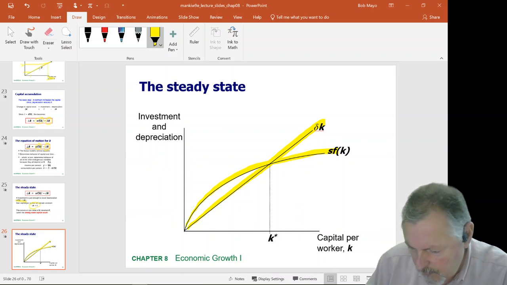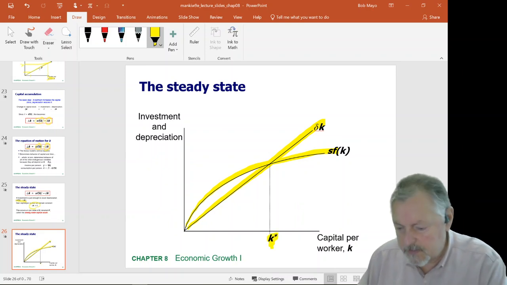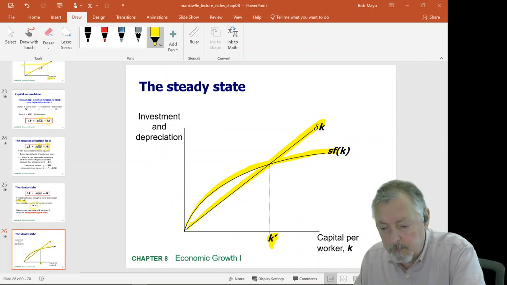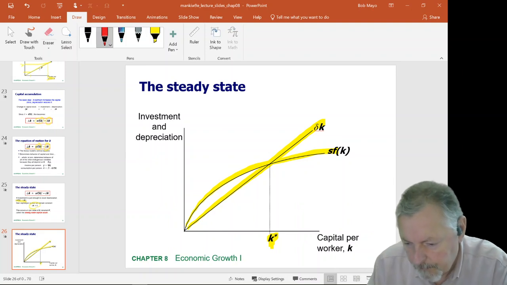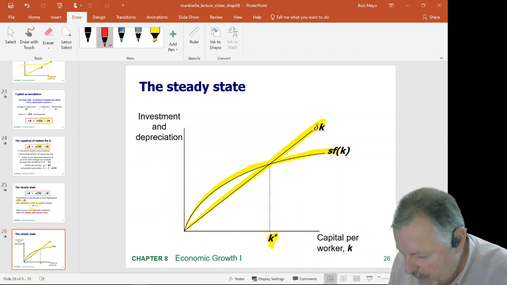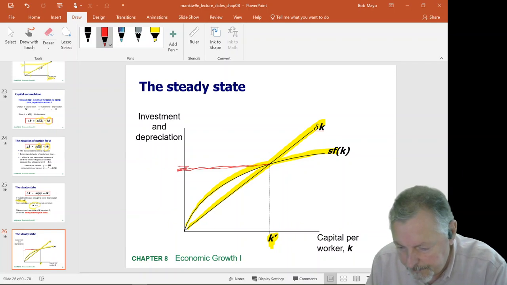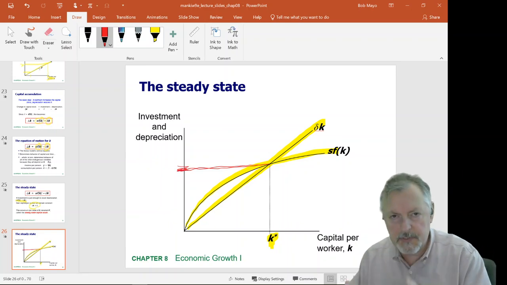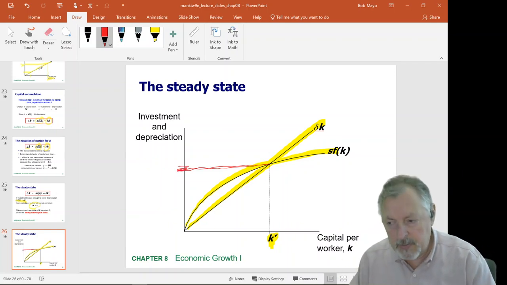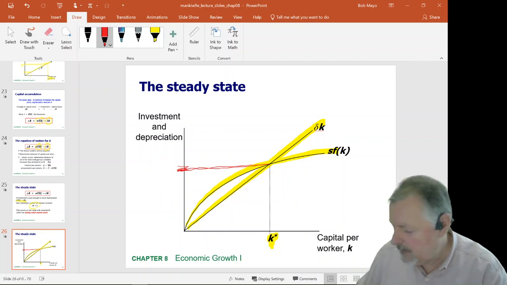So, if you are here with this amount of capital per worker, then the amount you're gaining and the amount you're losing are the same, this much. So the total stock of capital is not going up, not going down. This is a steady state.